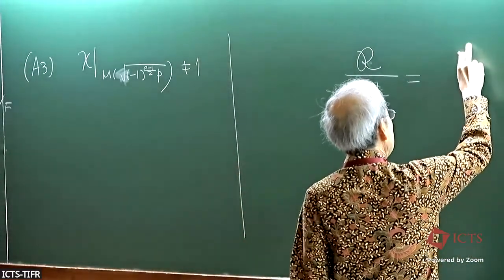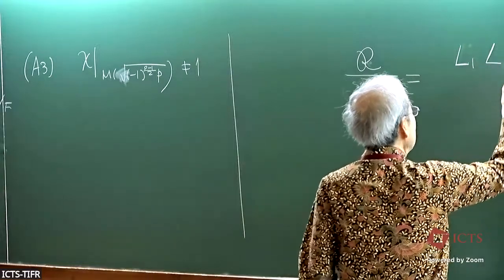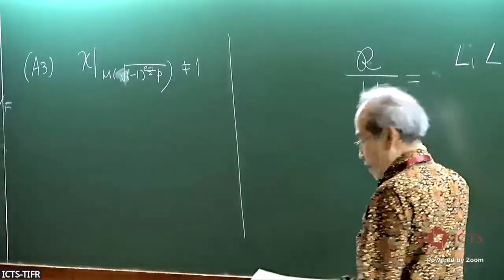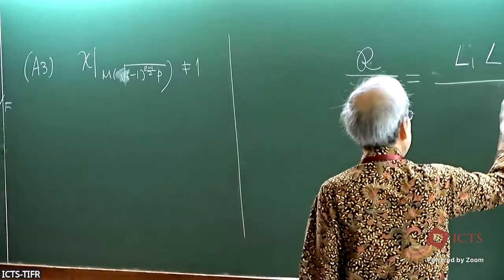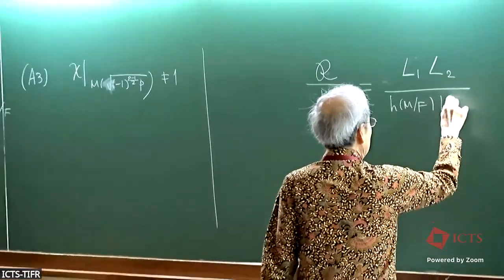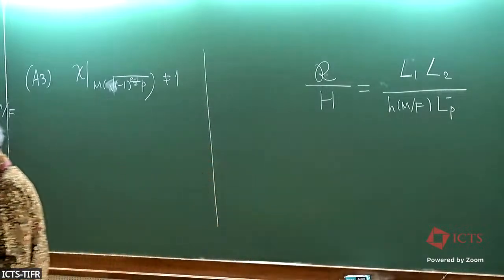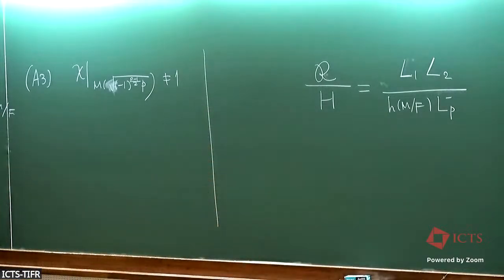He wrote L1, L2, so L1, L2, and some junk factor there, but I forget about that. And then HMF L minus P. This is the equality he sort of explained.